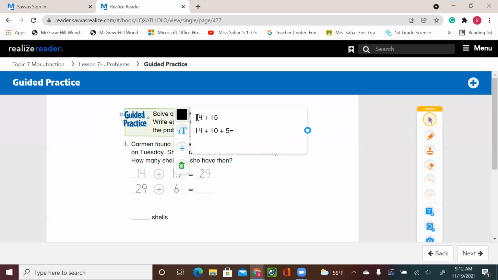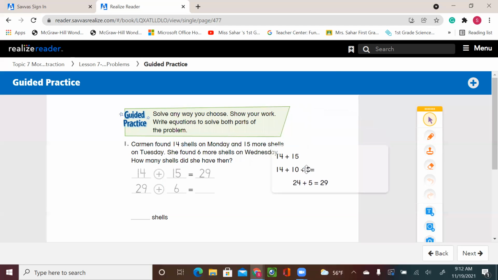Now I know 14 plus 10 is 24. So I'm going to write down here 24 plus 5 equals 29. So the first part here is 29. All right, so now I have the 29.